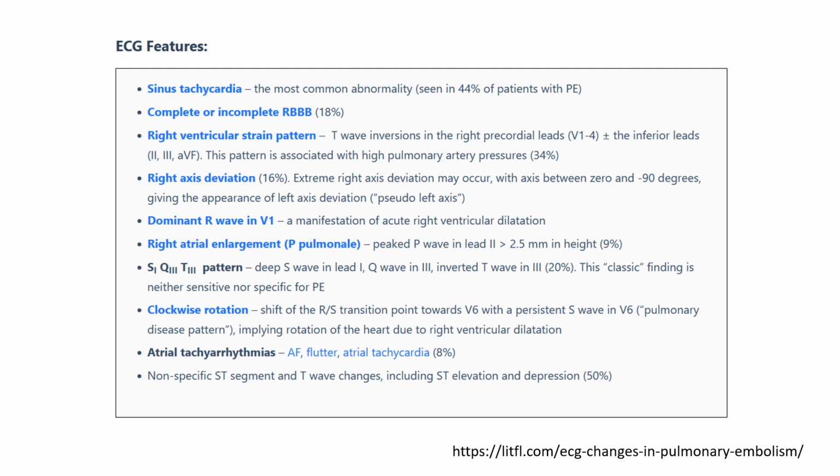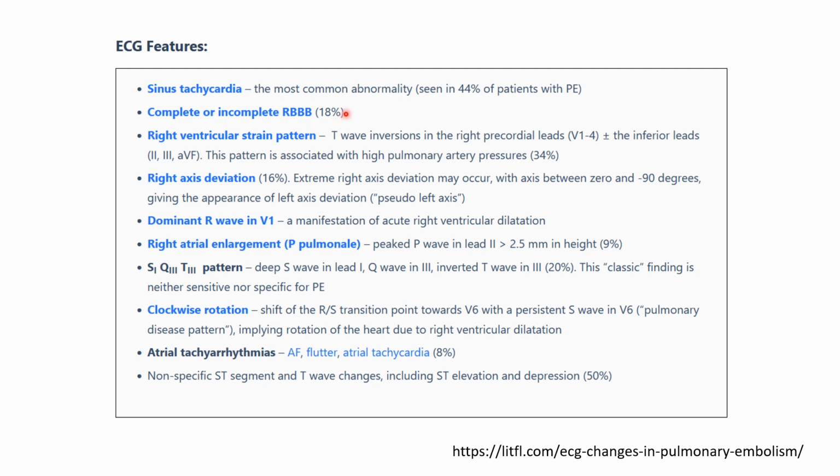And if they don't have any of these and they don't have any POCUS findings, then it's probably not a big one. Let's just say that. I'm sure nothing is absolute, but then it's probably not a big one. Sinus tachycardia is quite common, right? And that's the most common pattern.